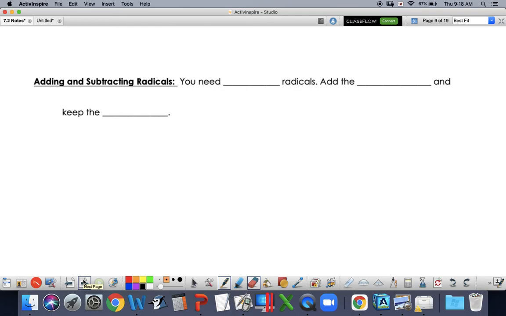Now, adding and subtracting radicals is very similar to adding and subtracting algebraic expressions. You need what we would call like or common terms, like radicals. The same way that I could only add 4x plus 5x because they're both the exact same terms, they're common terms. I add 4 and 5 and I keep the x.